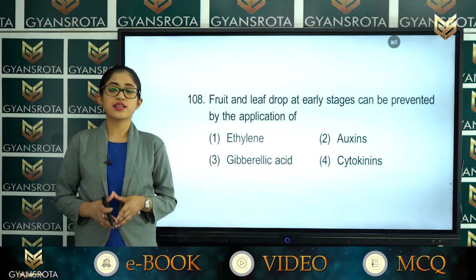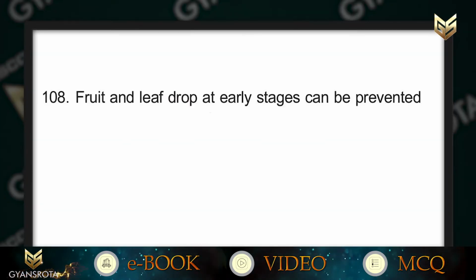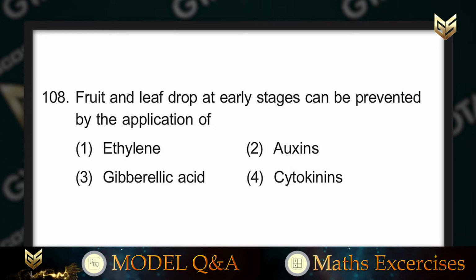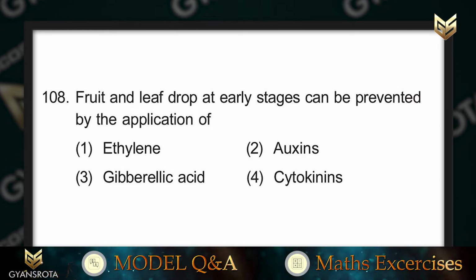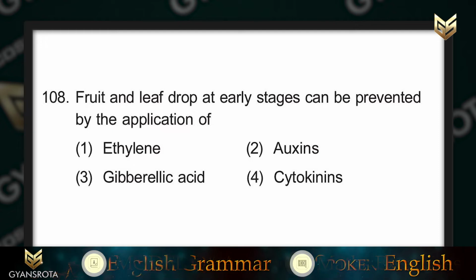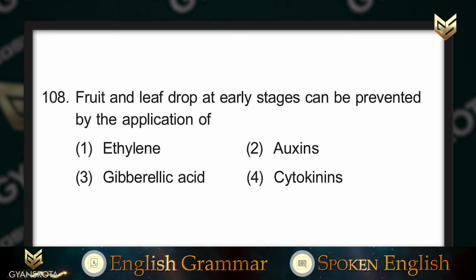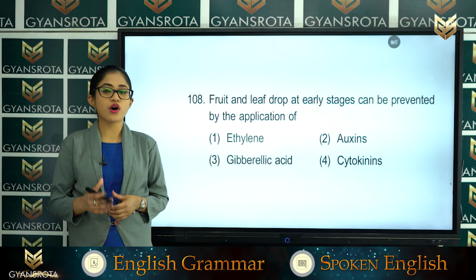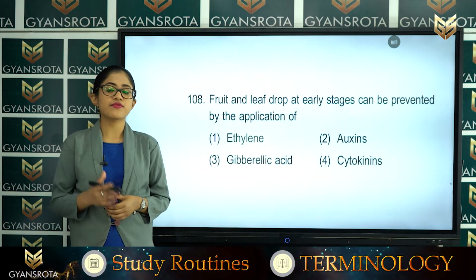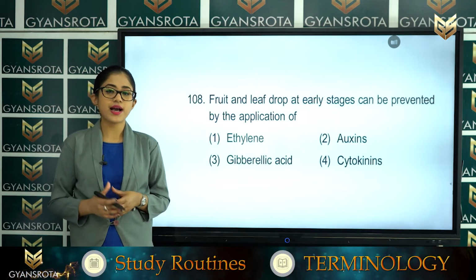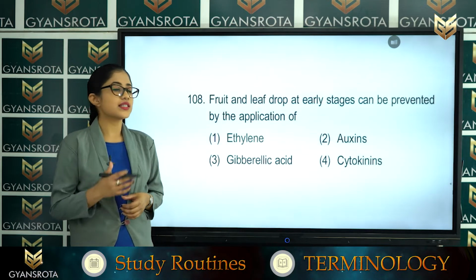In the next question, that is question number 108: fruit and leaf drop at early stages can be prevented by the application of ethylene, auxin, gibberellic acid or cytokinins. That we have discussed in the chapter Plant Growth and Development. There we have discussed the phytohormones, where all the hormone functions in plants were covered. So what is the correct answer?